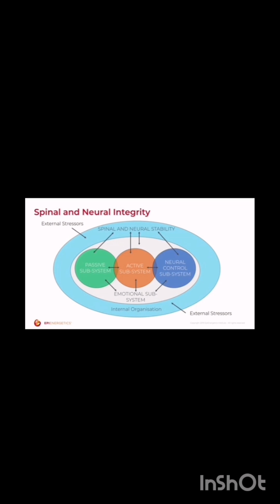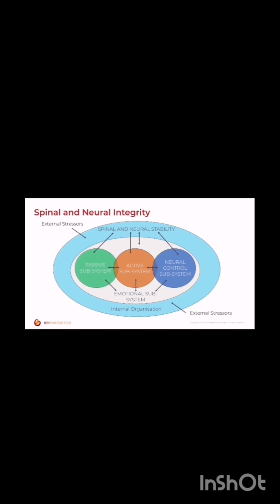Now, the neural subsystem, instead of just having the vertebral ligaments and discs as a passive subsystem and connective tissue, or the muscles of the active system, I extend the neural subsystem to also include the relationship of the vertebra and the spinal cord in the vertebral column with the meninges.